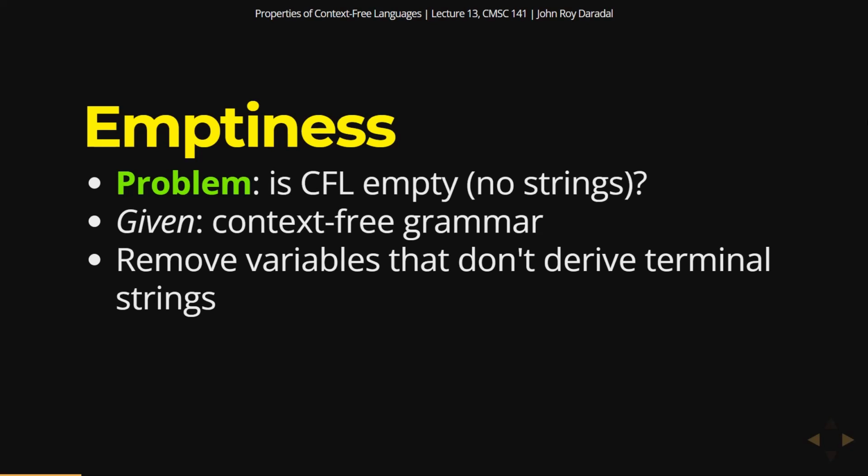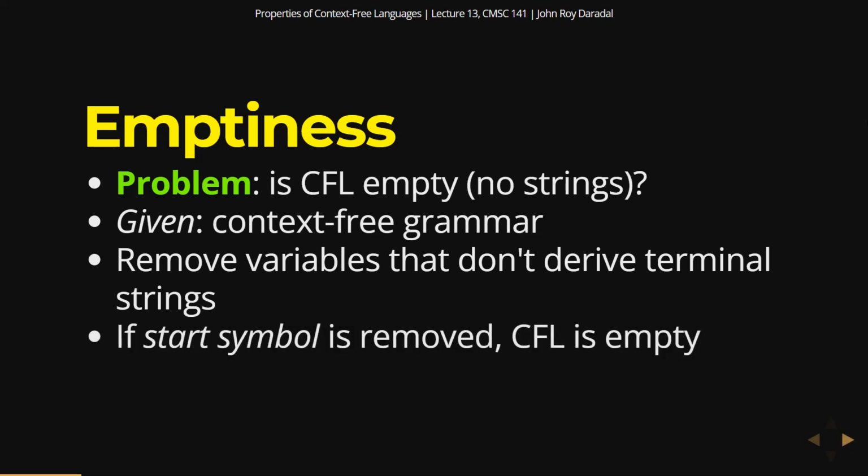So let's simplify the grammar by removing variables that don't derive terminal strings. And if the start symbol is removed, that means that the CFL is empty. Why is that? Because if the start symbol is removed, remember that all of our derivations for the grammar start with the start symbol, right?